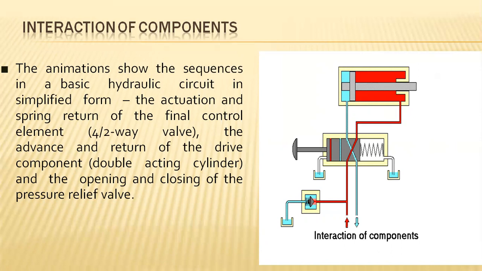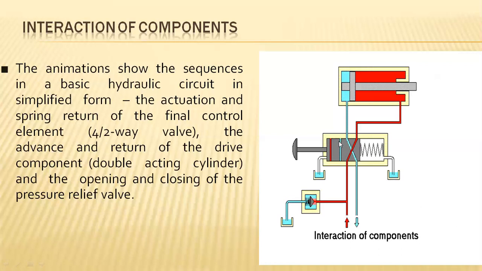Here the animation shows the sequence of a basic hydraulic circuit which is connected with respect to an actuation and spring return. Here it clearly specifies a spring return 4 by 2 way valve. So 4 by 2 way clearly specifies how many ports and positions it is having.